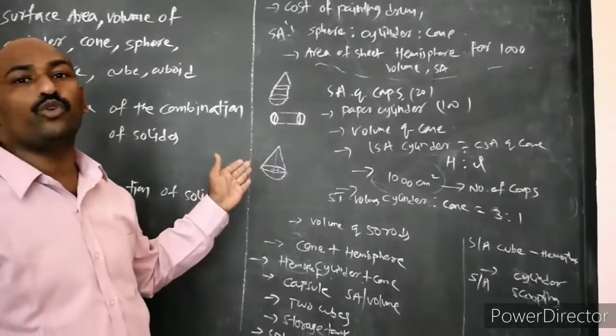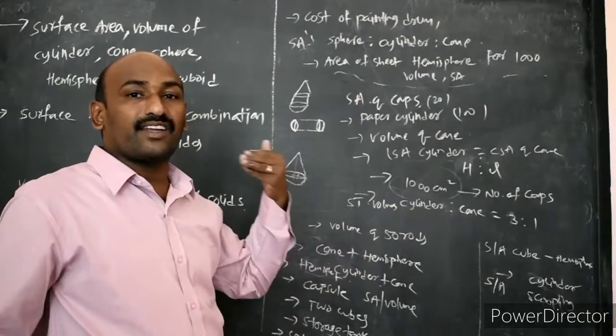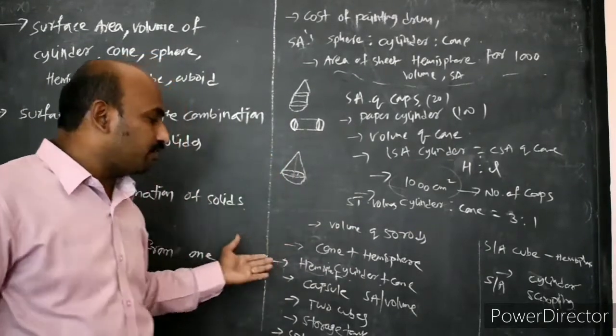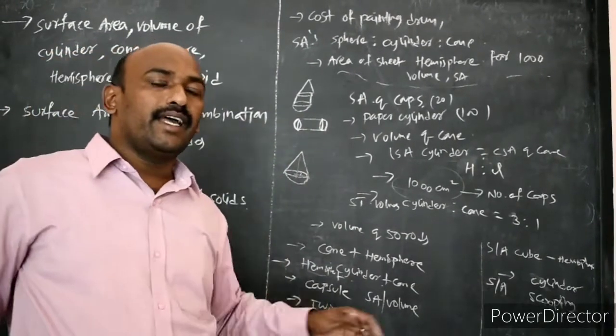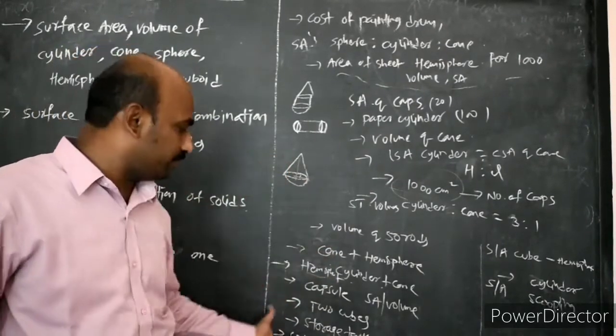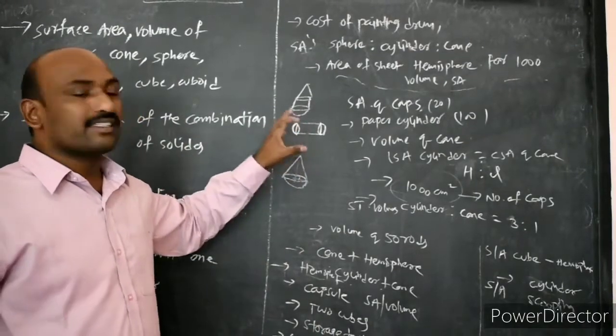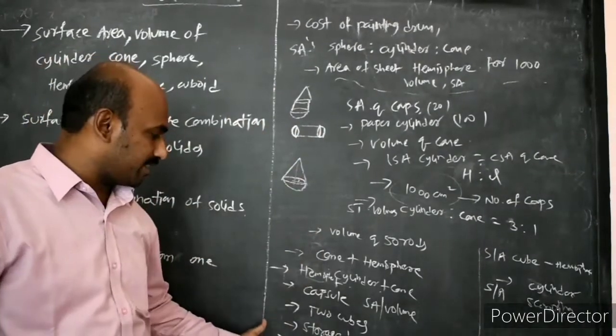And you can join 2 cubes together and find the surface area. They can ask the volume of that cuboid. If 2 cubes are joined, we get a cuboid, and based on dimensions we can get the surface area and volume. And storage tank means we get a cylinder, and in the same way a cylinder with hemispheres at 2 ends.